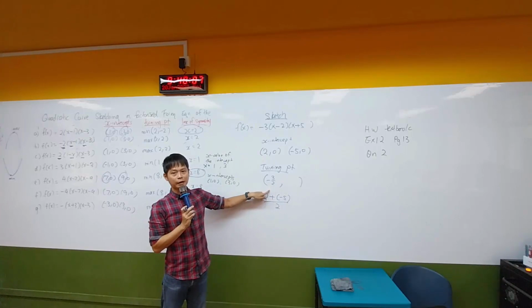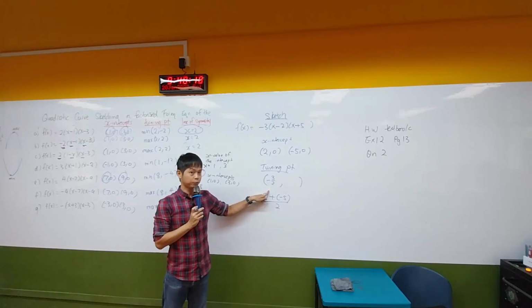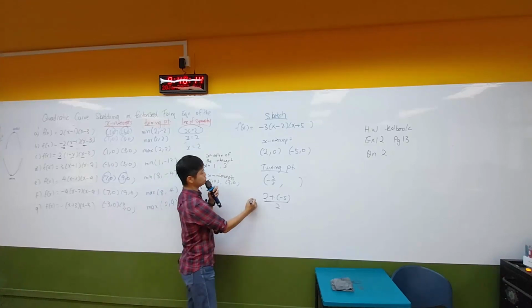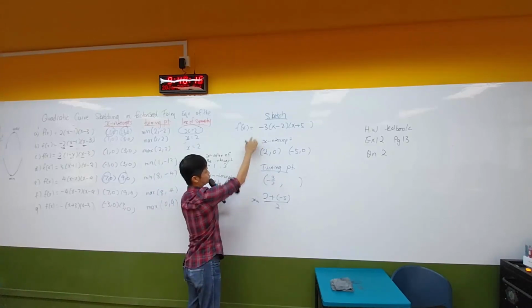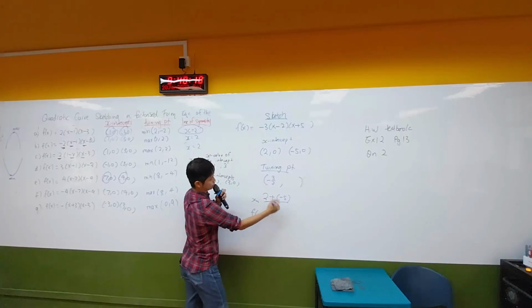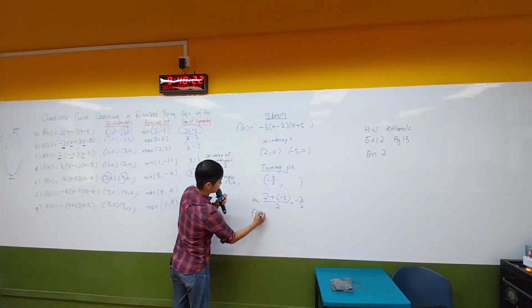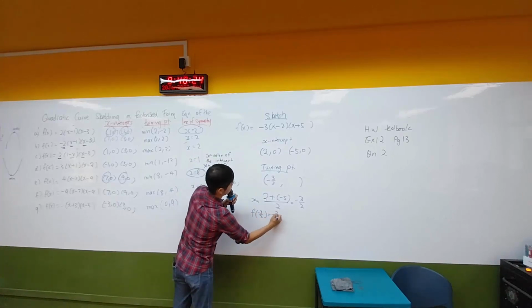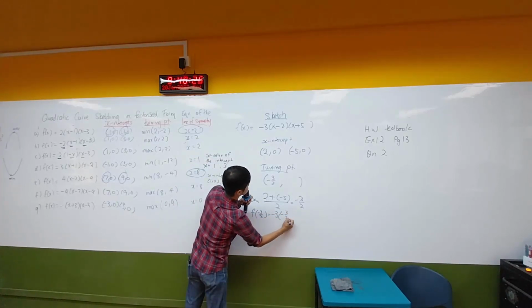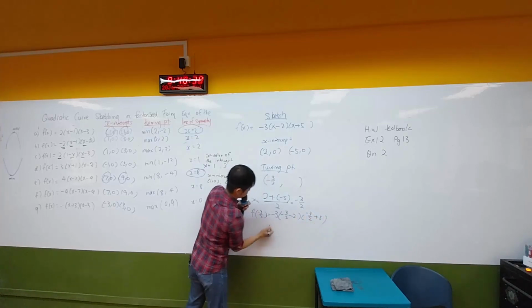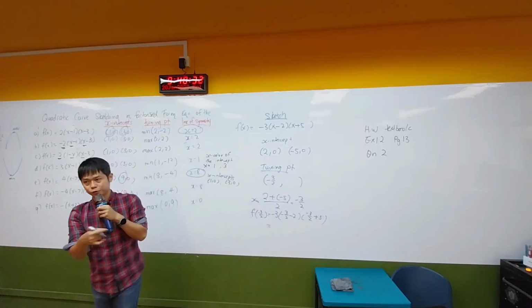Can you find out the y value? If you know the x value now, are you able to find the y value? How do I find the y value? Sub the x value back into f(x). So I know that this value is -3/2, right? I will sub in -3/2. Can you please help me to press? So I sub the x now as -3/2.